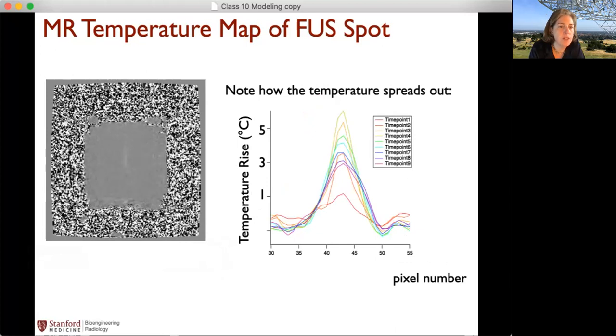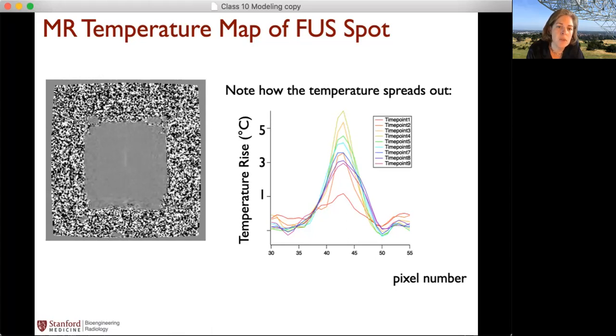If we make a plot across the focal spot over time, then we get multiple line plots, as you see over here, and these are going to follow the rainbow. So the first one's red, orange, yellow, green, blue, indigo, violet. Initially, the center part goes up, and so the temperature is very peaked and very narrow.